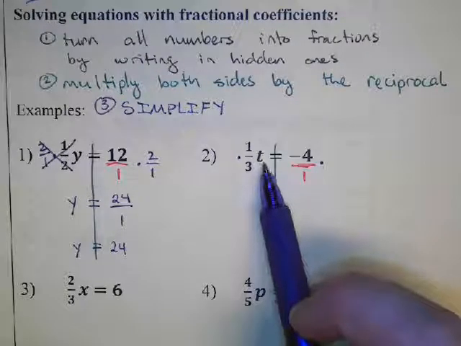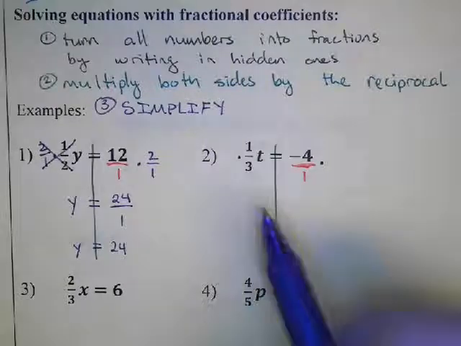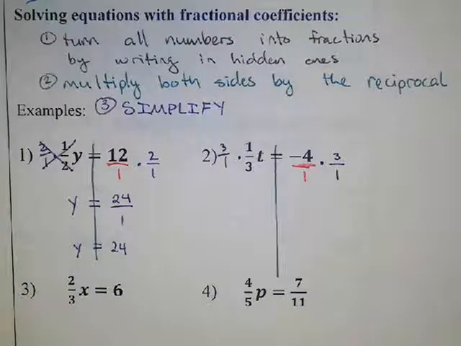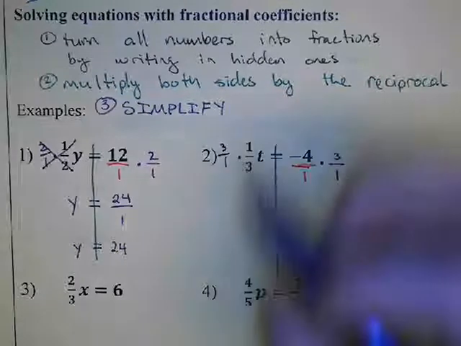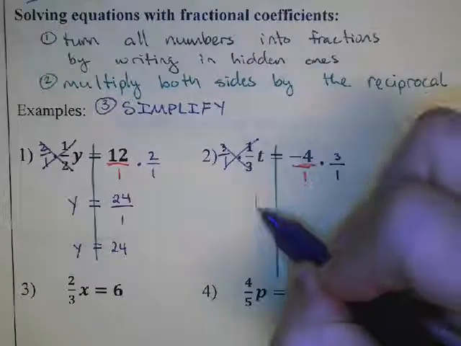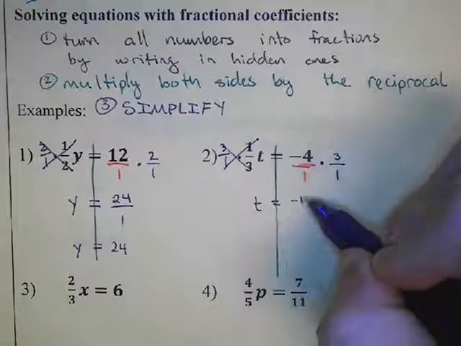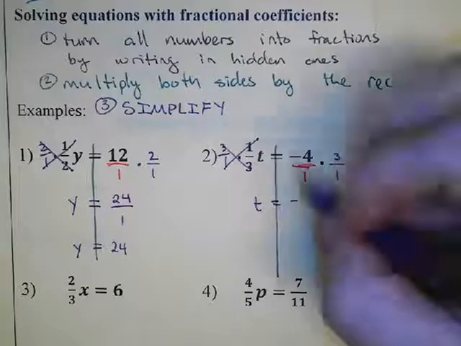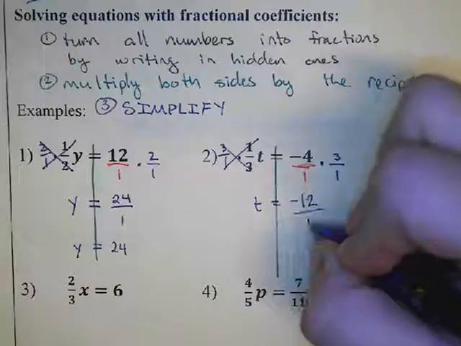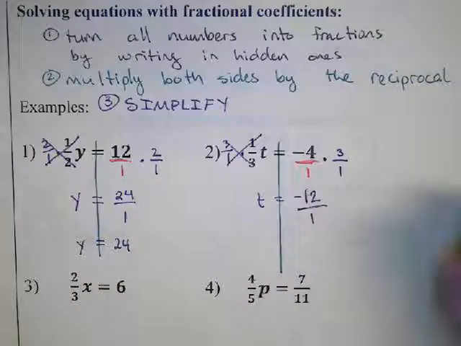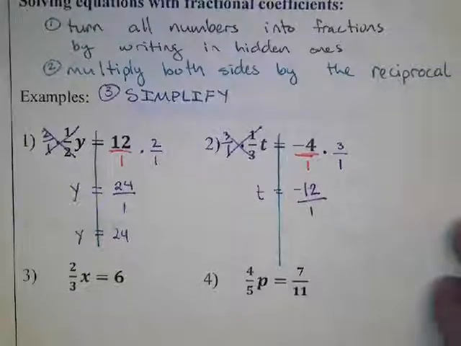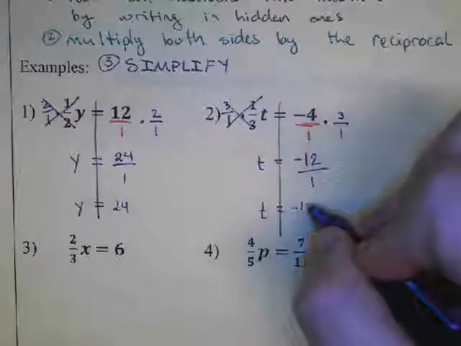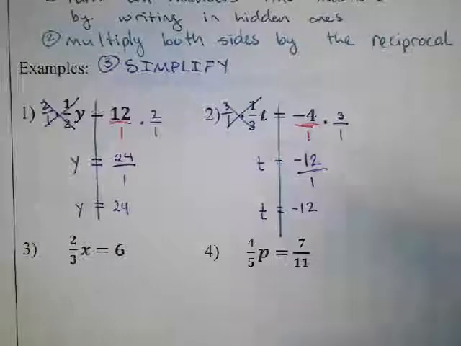So the number I need to get rid of is 1/3. So I'll multiply by 3 over 1, and I gotta do the same exact thing to the other side. Fractions cancel, and we get t equals negative 12 over 1. Now we'll divide, and so we'll get t equals negative 12. Negative 12 divided by 1 is negative 12.